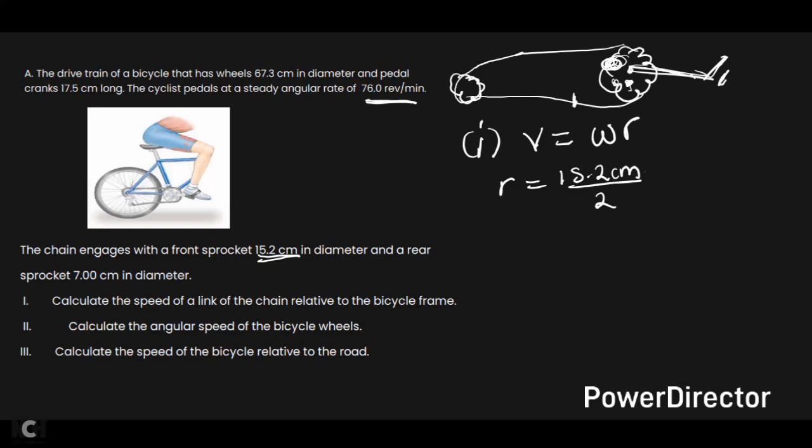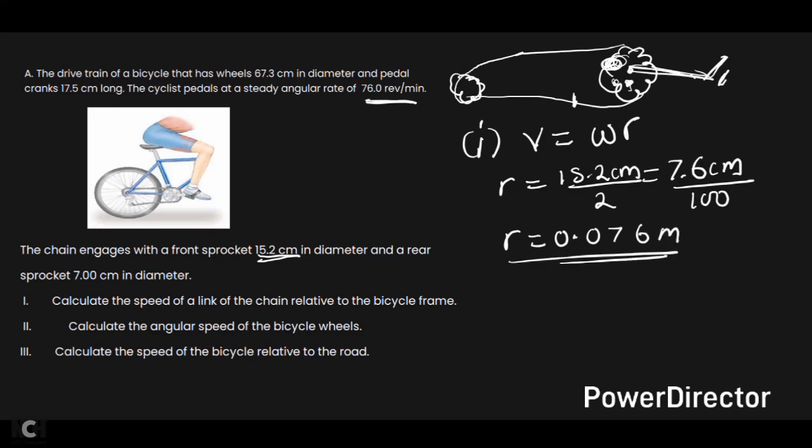So you get something like 7.6 centimeters. So from there, now let's convert this from centimeters to meters. So when you divide that by 100, it will give you 0.076 meters. So we have found the radius. So the radius that we have found is 0.076 meters. So that's the radius of the front sprocket.